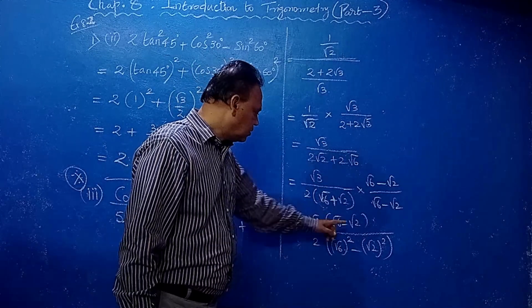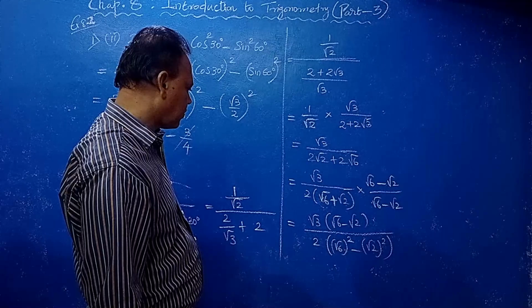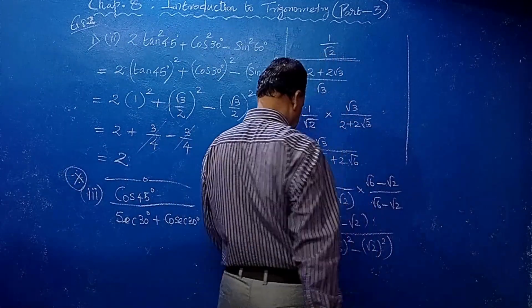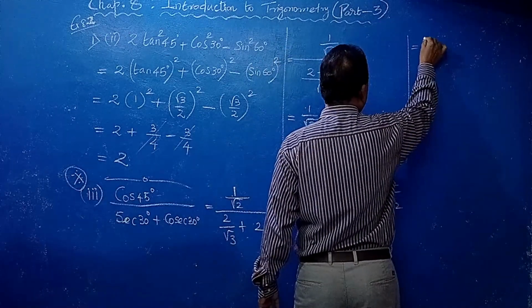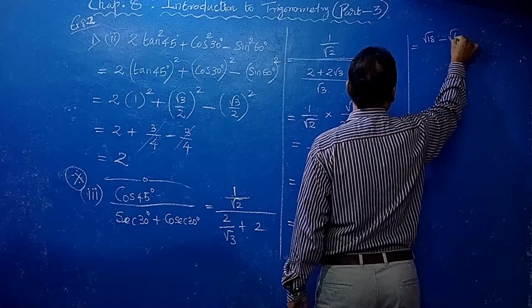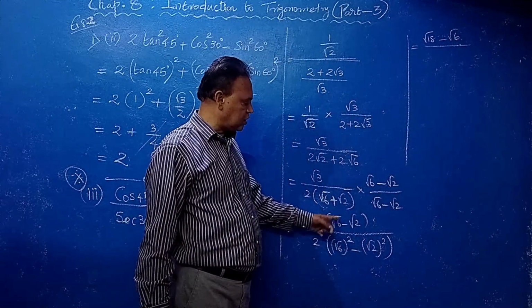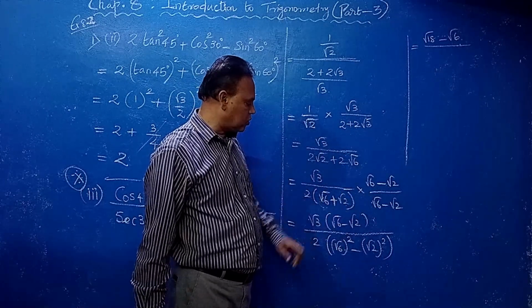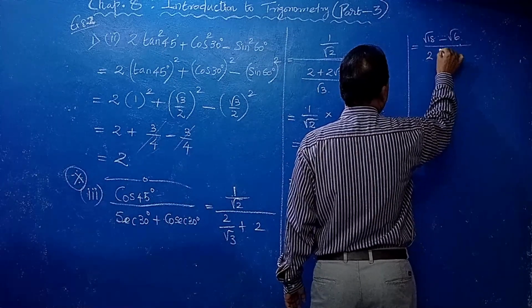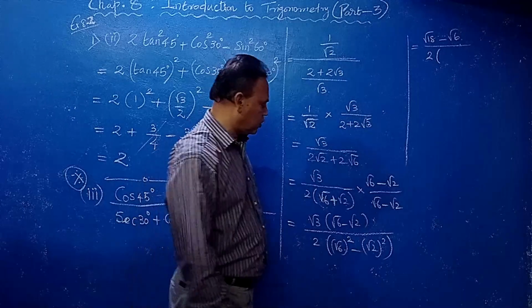Now multiply this root 3. Root 3 into root 6 is root 18, minus root 6, divided by 2 into 6 minus 2.